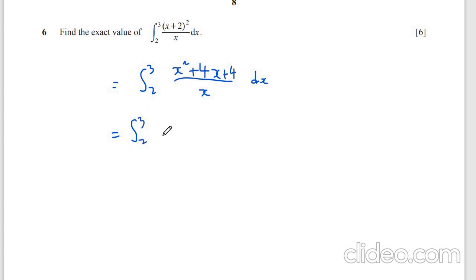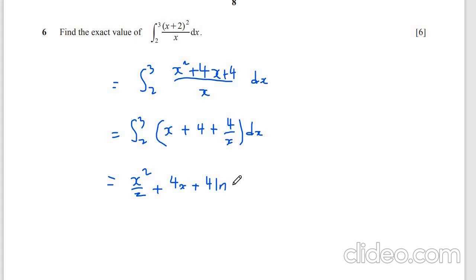So if we divide each of these terms by x, we'll get x plus 4 plus 4 over x. So now we can integrate each of these terms separately. Integration of 4 by x is 4 ln x.